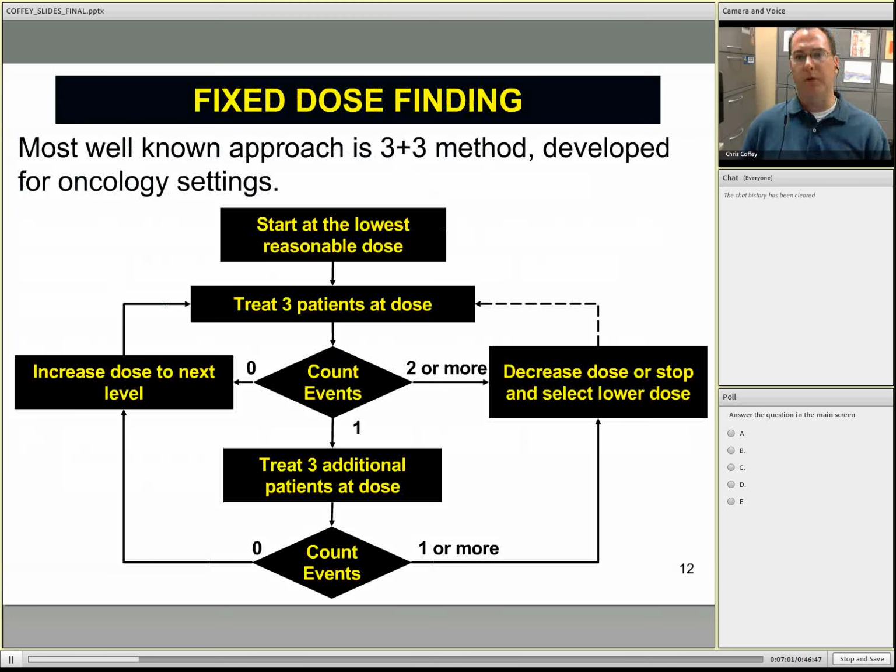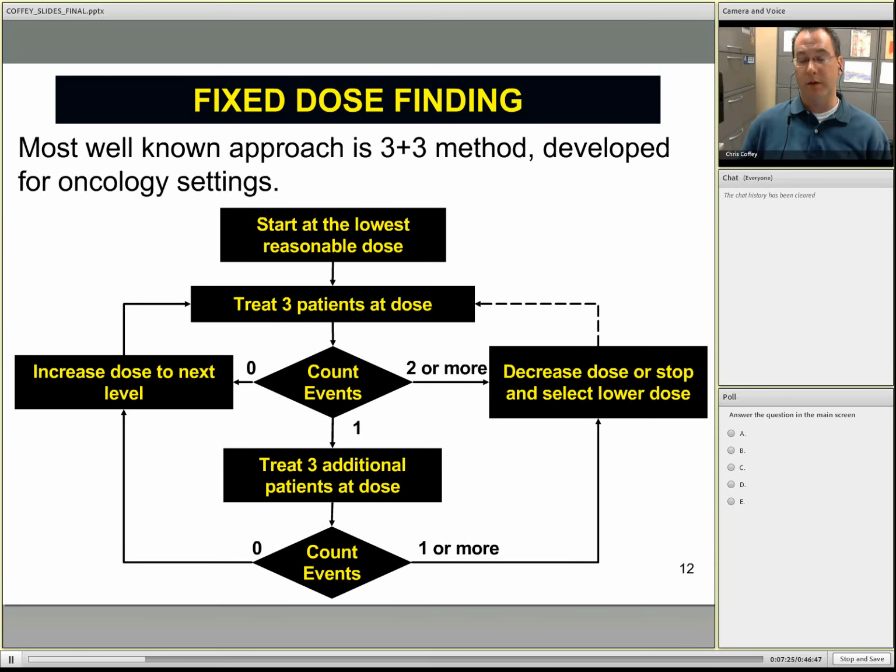The most well-known approach, one that's been used for a number of years and came out of oncology settings, is the 3+3 method, where you start off at whatever lowest dose you envision. You treat 3 subjects at that dose, and based on the responses in those 3 subjects, you determine whether to keep moving up, to do more at the same dose, or to stop. If you treat 3 and nobody has a DLT, you go up to the next dose level.